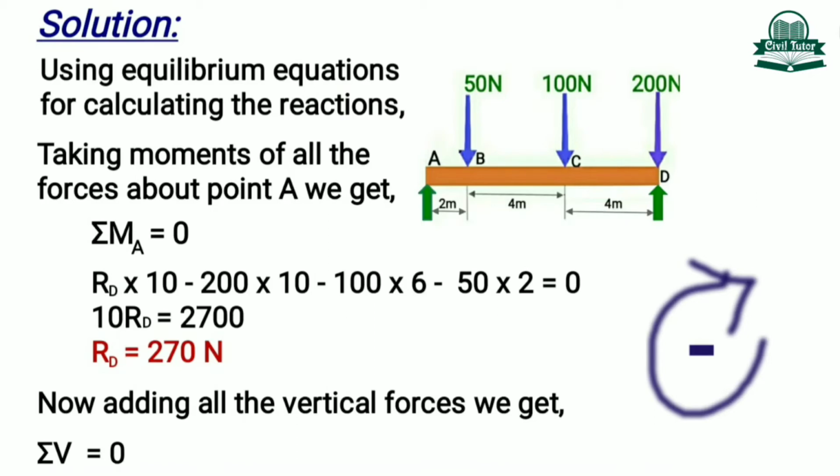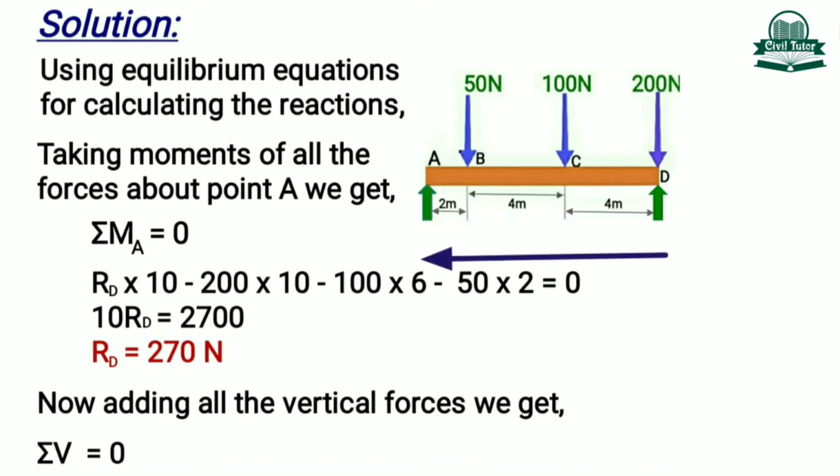A. For convenience, you should remember it as while going from right to left in a member, you should take all the anticlockwise moments to be positive and all the clockwise moments to be negative. And while going from left to right, you should take all the clockwise moments positive and all the anticlockwise moments negative.